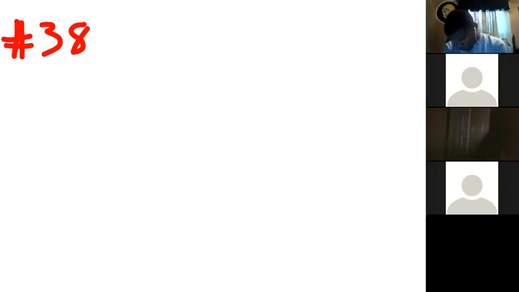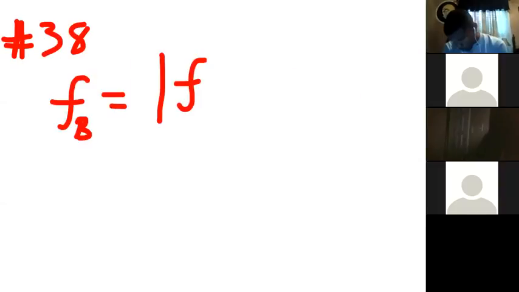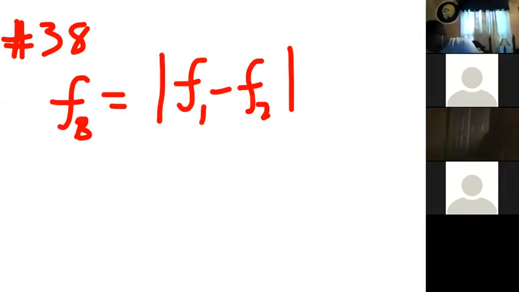So the beat frequency simply refers to the difference between those two frequencies. So f beat is equal to the absolute value of f1 minus f2. That's the equation. In this case, f1 could be either of the two. It doesn't matter because you have the absolute value.